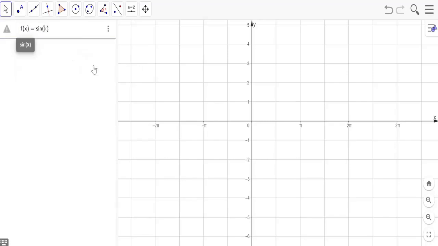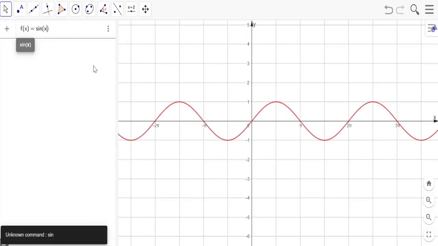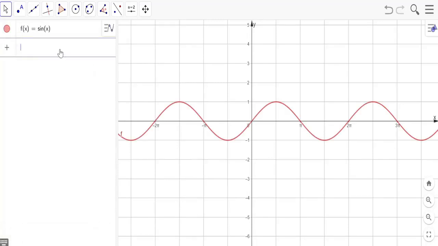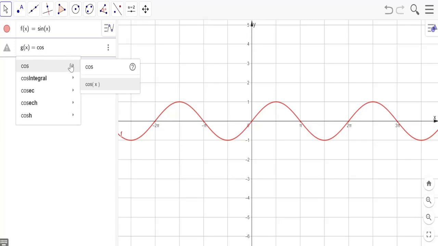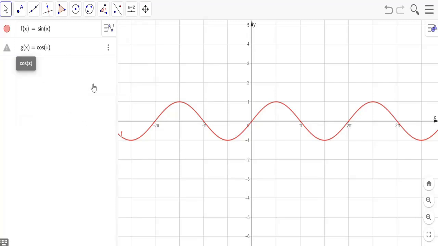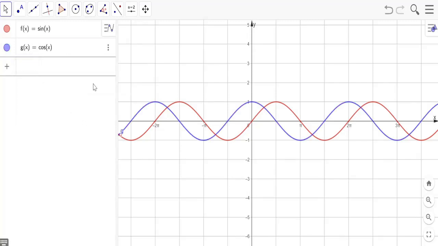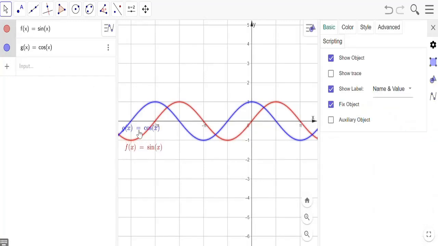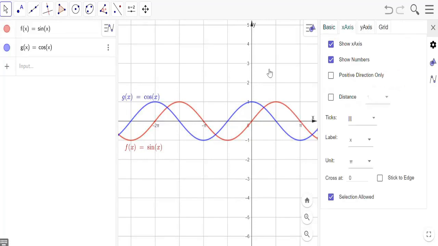Now I'll graph my other function g(x) as cos x. So these are the two functions, and now I'll label them. This is my function sin x, this is my function cos x.